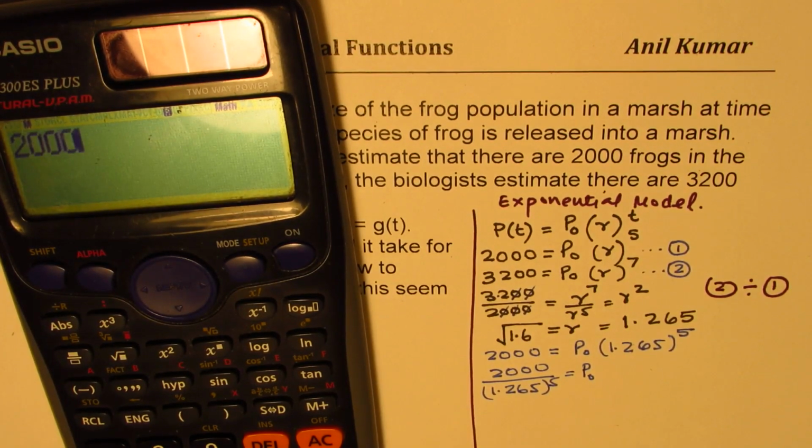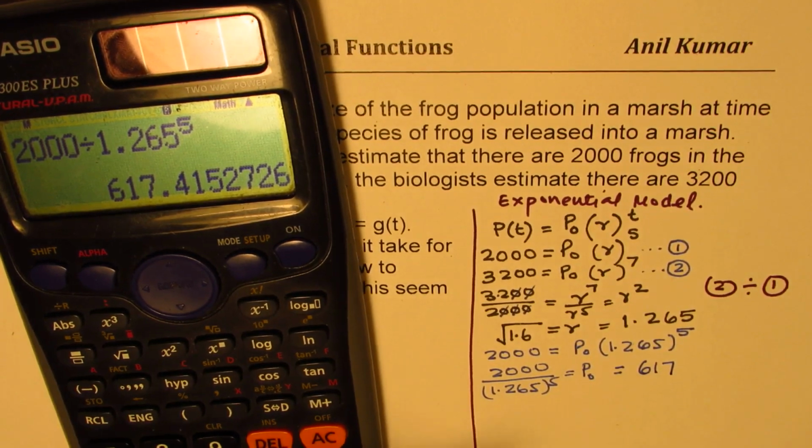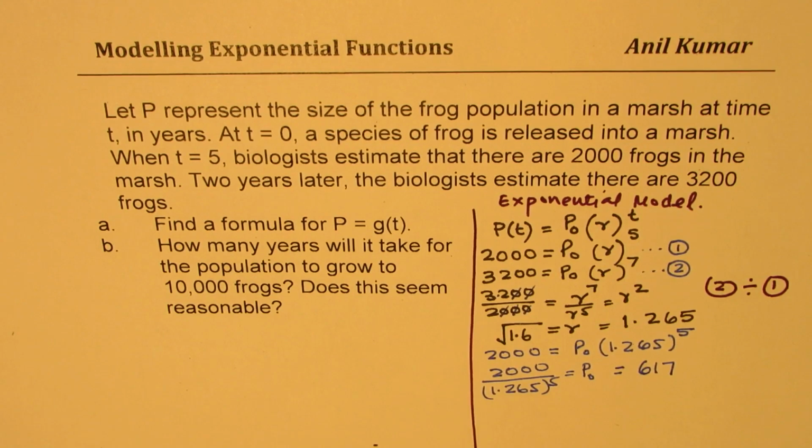So it is 2000 divided by 1.265 to the power of 5, which is equal to 617. Right. So it is always a round number.